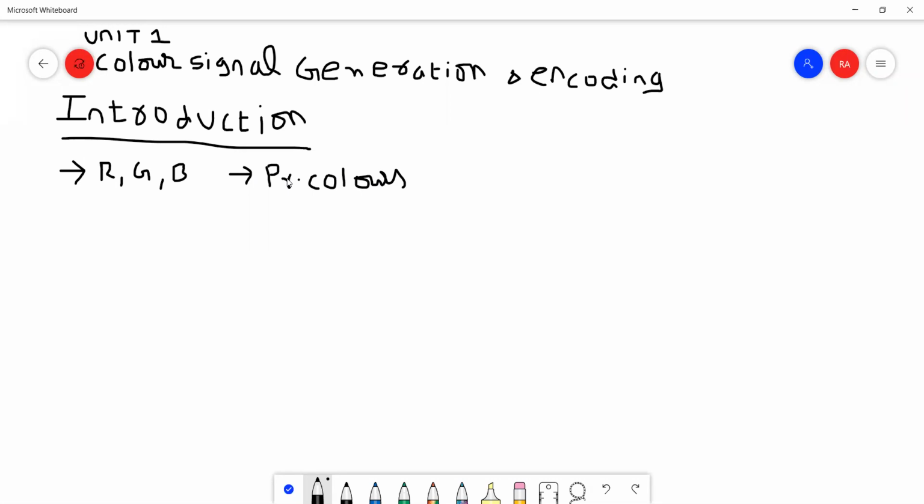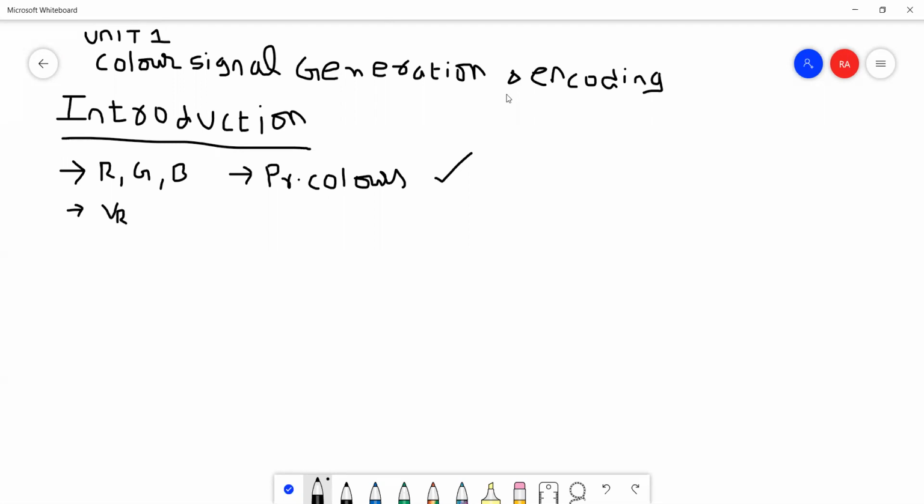When the image of any picture is scanned by our color camera, separate video signals are developed for these colors. In order to maintain compatibility between monochrome and color, the color camera outputs are to be combined. What are the outputs of the color camera?